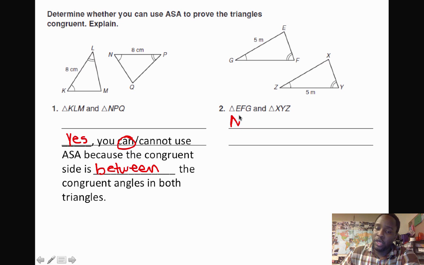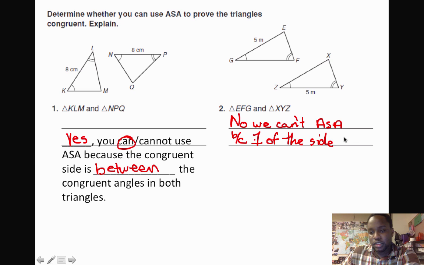So no, we can't use ASA because one of the side lengths isn't between the angles.